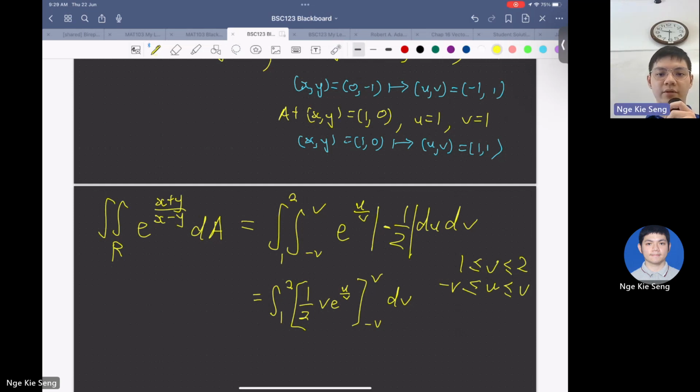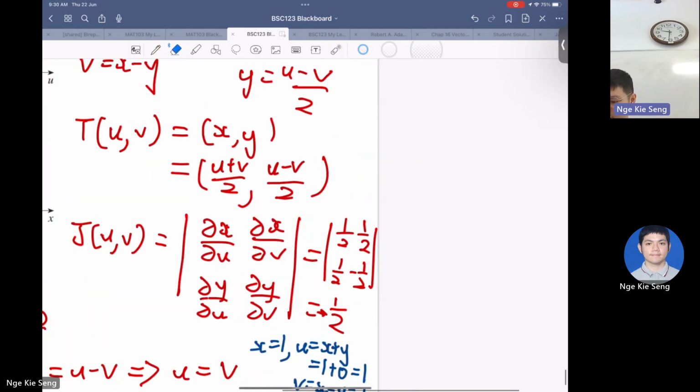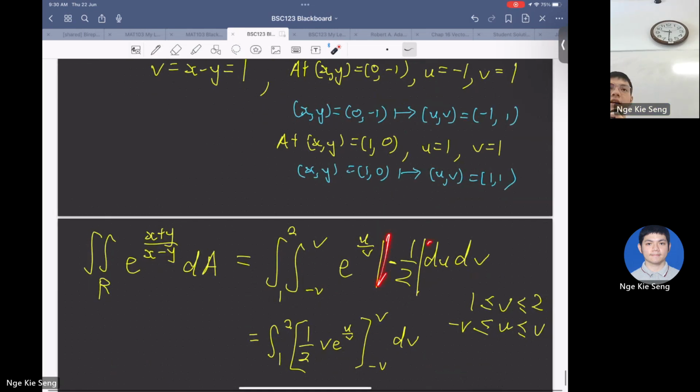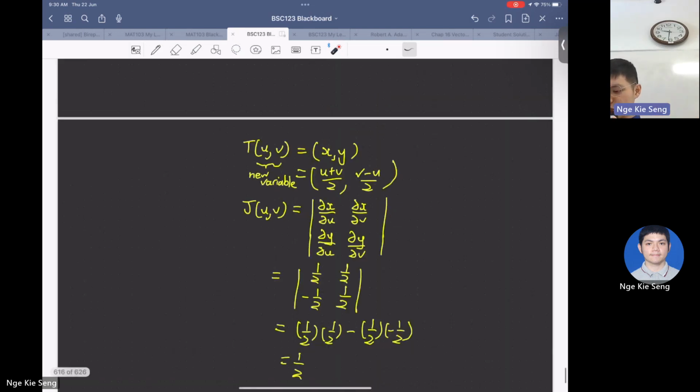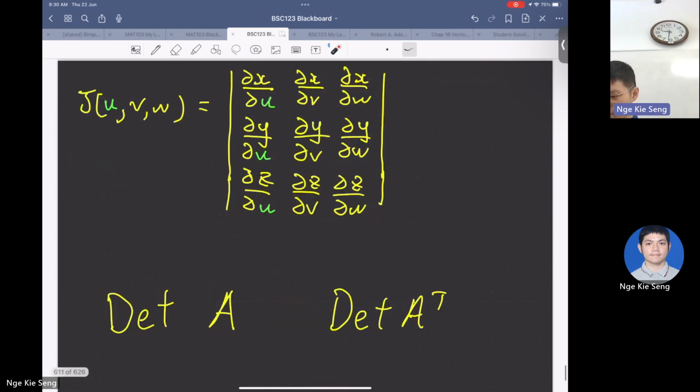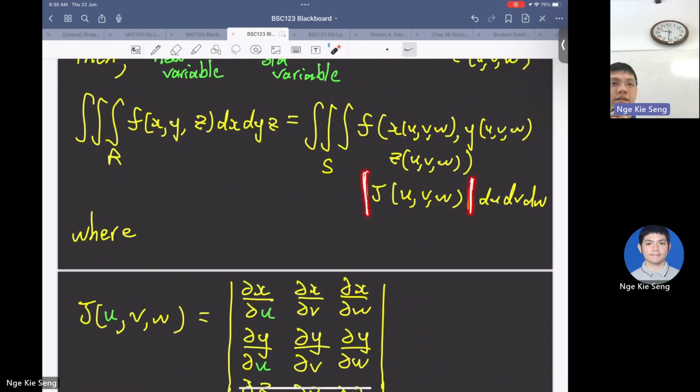Does it mean just now we computed wrong or correct? Never mind. I think here we computed wrong. The absolute value is when you put it inside the integral. When you put the Jacobian inside the integral, you need the absolute value. The formula we wrote just now, this Jacobian here, this is the absolute value. It's not the determinant.